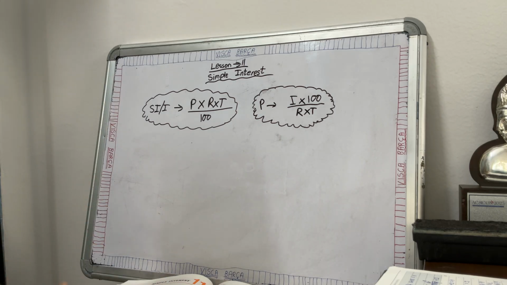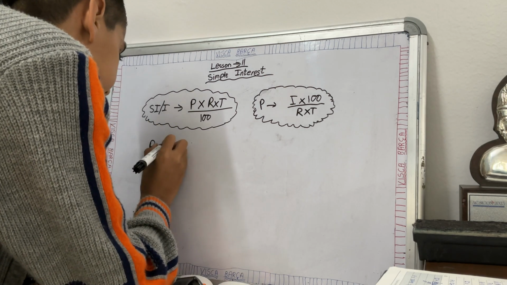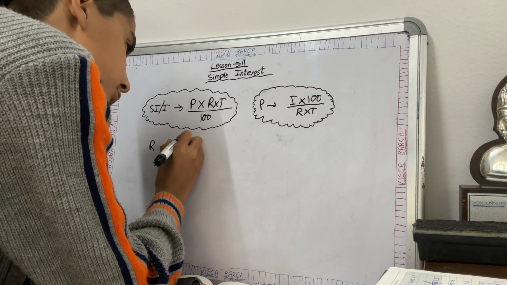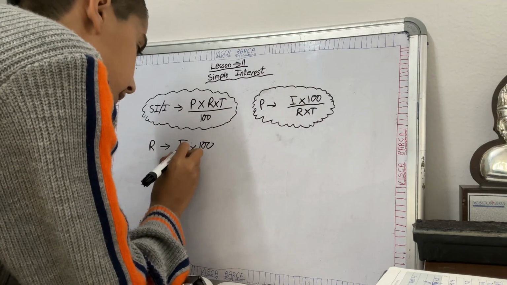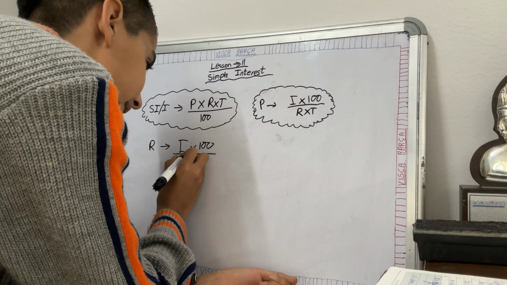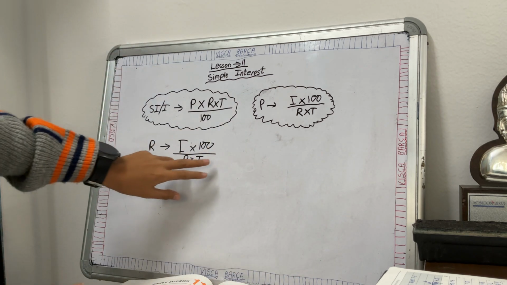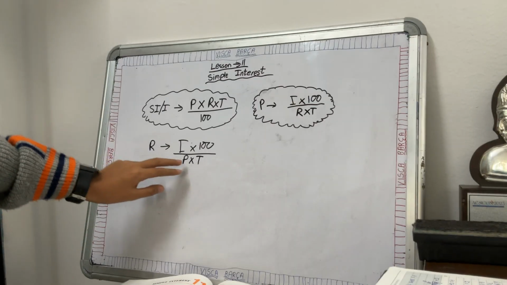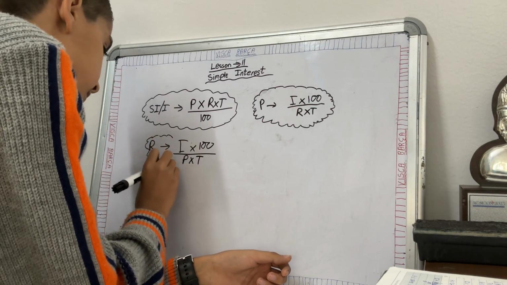Then formula for R is I into 100 upon P into T. So the rest two terms will be written below. So R is also done.